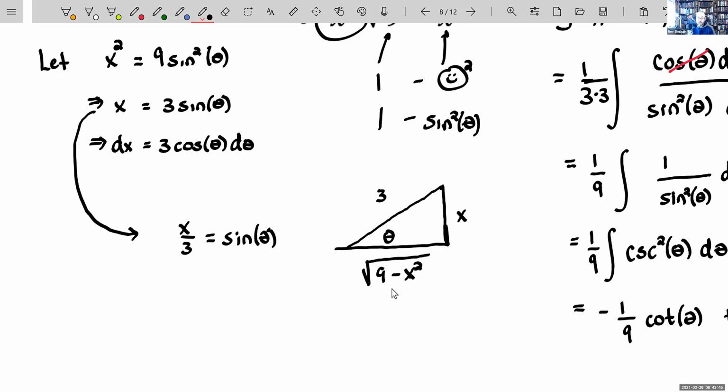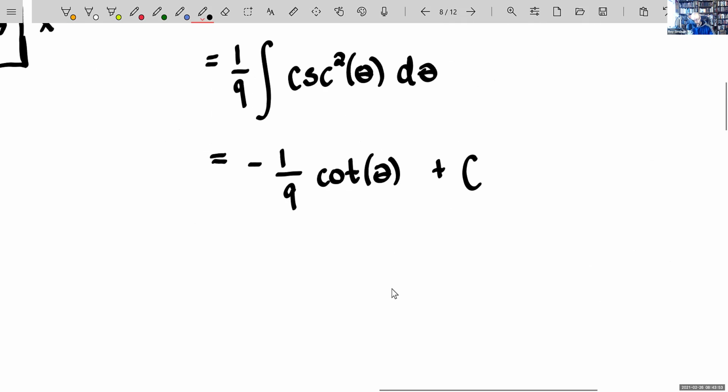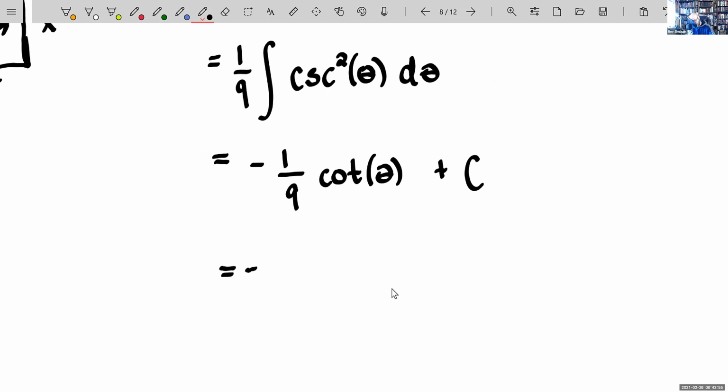And now I can read off of this the cotangent. Cotangent is adjacent over hypotenuse, root 9 minus x squared over x. So negative root 9 minus x squared over x, which has a 9 attached to it. There you go.